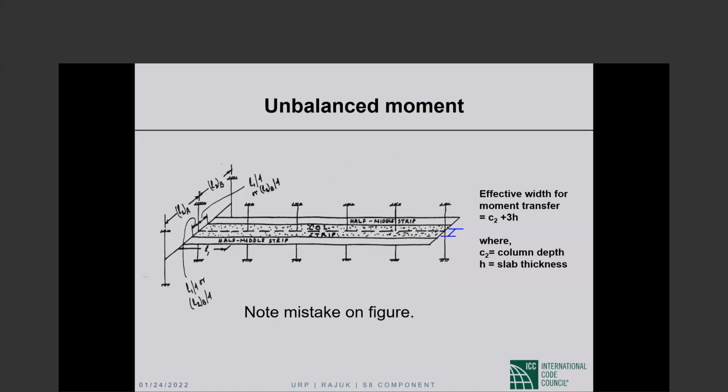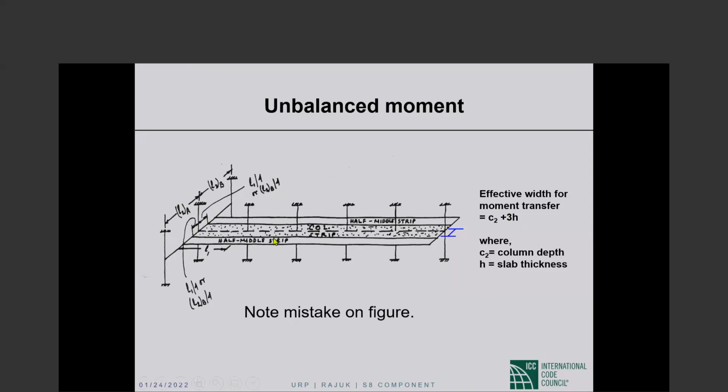It's not called that in 318. It must be placed within a narrow moment transfer band. This is what ACI is calling the effective width, the width of which is the column dimension in this direction, C sub 2, plus 1.5 times slab thickness on either side for a total of C sub 2 plus 3h.